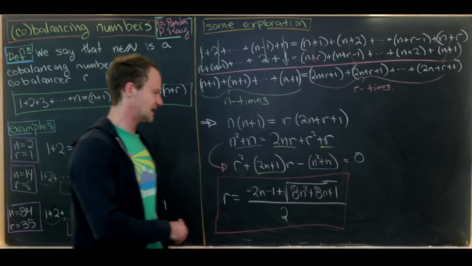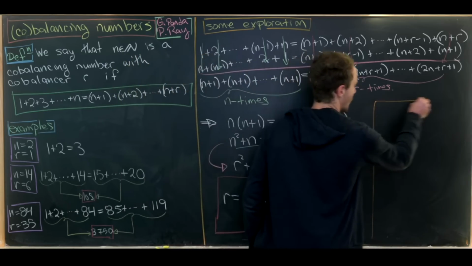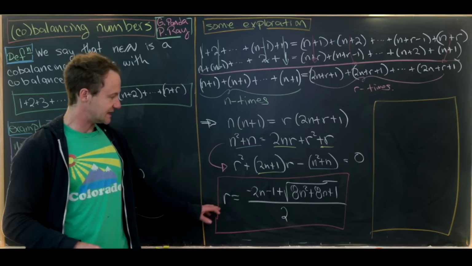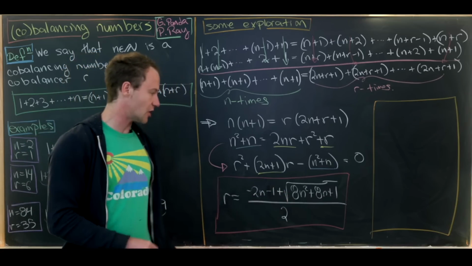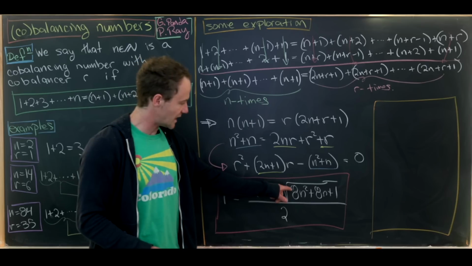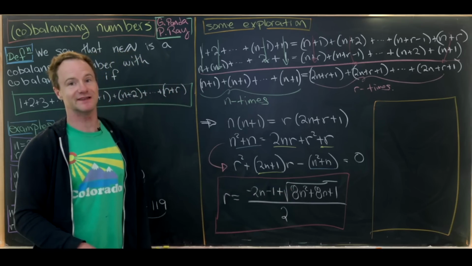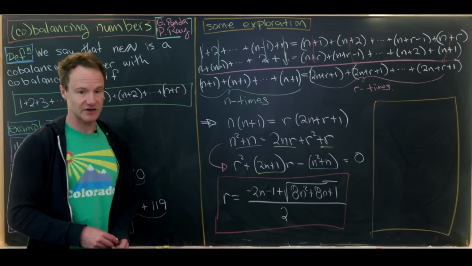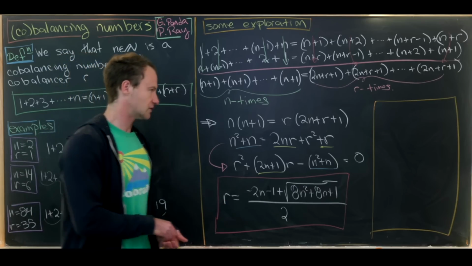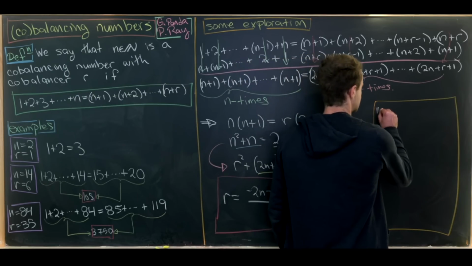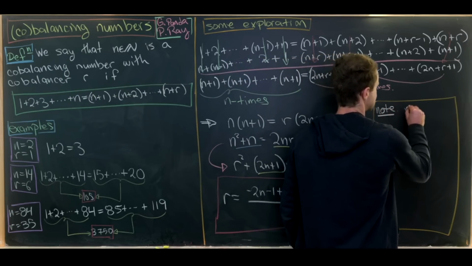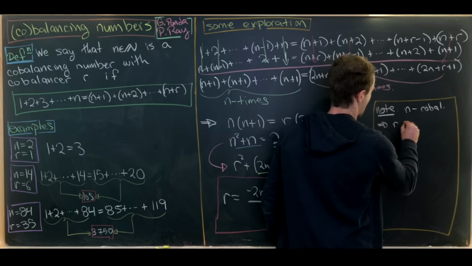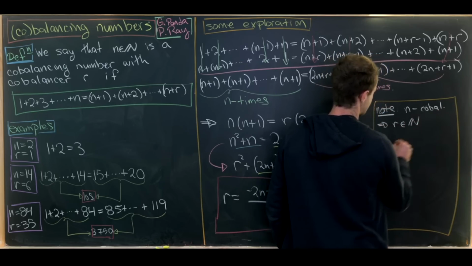But let's notice that it also gives us quite a bit more information. That more information is that it tells us that n is a co-balancing number only when the stuff inside the square root here is a perfect square, because that's the only way we would ever get a natural number for r. So let's summarize that over here. Since n is co-balancing, r must be a natural number.